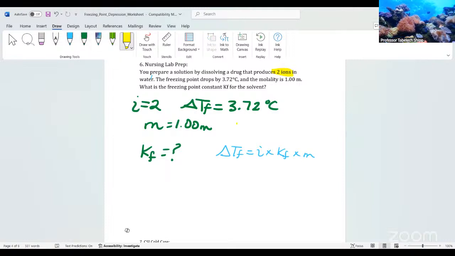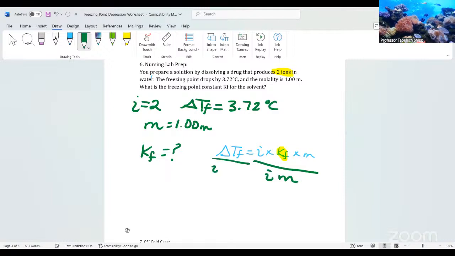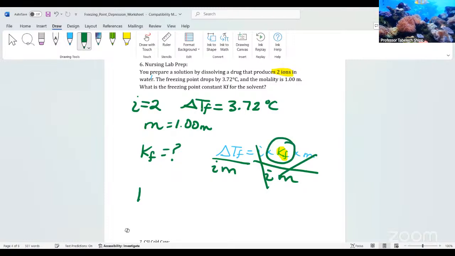Because we're looking for Kf, we're going to divide both sides by the i and the m so that they can cancel out, and you're left with solving for Kf. So I'm going to rewrite that formula.